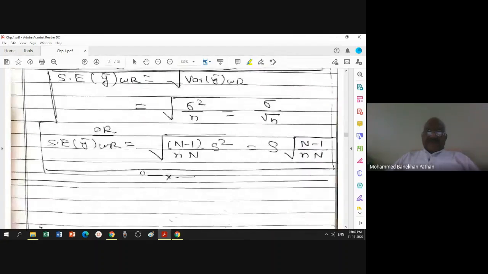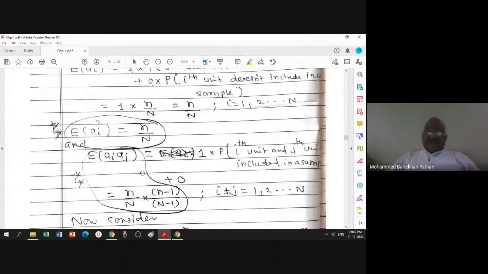Now, what is next? Expected value of ai square. ai takes values 1, 0, so ai square also takes values 1, 0 because 1 square is 1 and 0 square is 0.